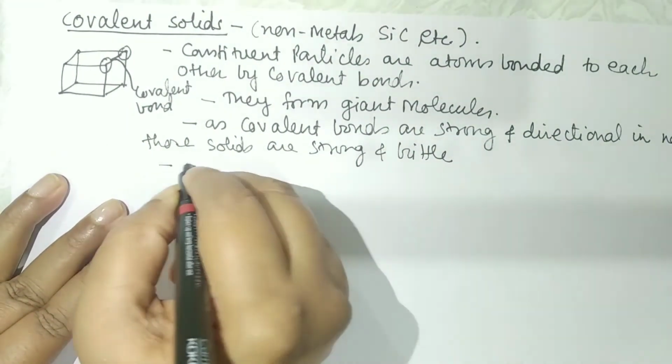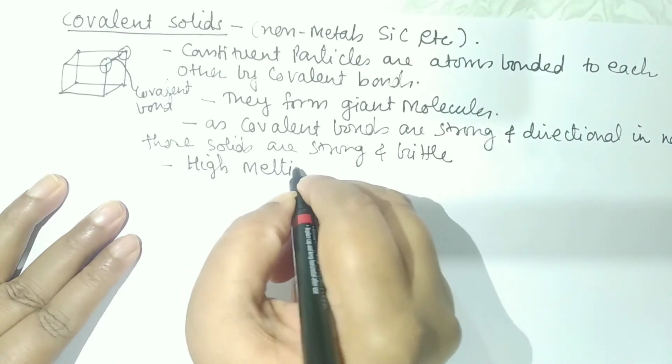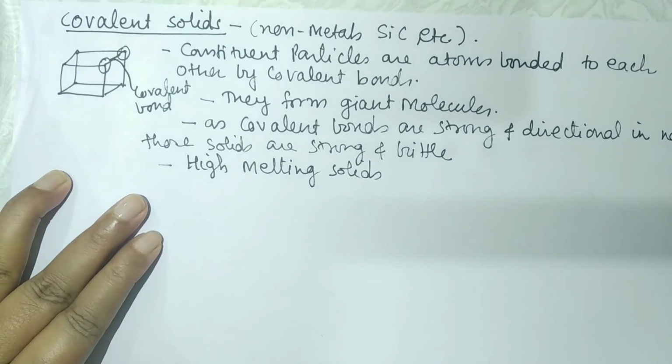As the bonds are strong, they are high melting solids. Means their melting and boiling points are high.